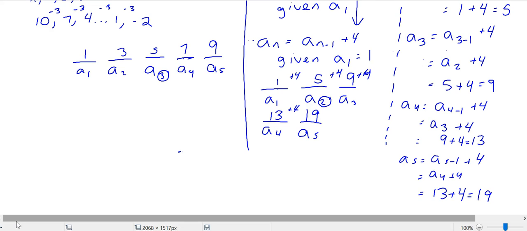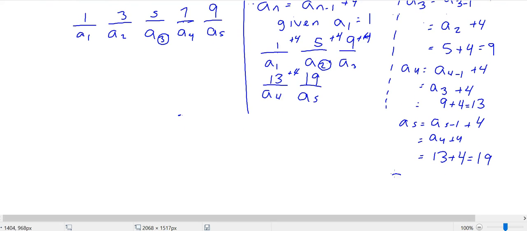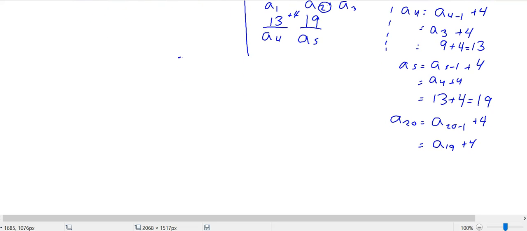Because let's say we tried to solve for the 20th term. We would do a sub 20 is equal to a sub n minus 1, so a sub 20 minus 1, plus d, which is plus 4. So a sub 20 is equal to a sub 19 plus 4. But we need to have a sub 19 in order to solve this. And what's a sub 19?